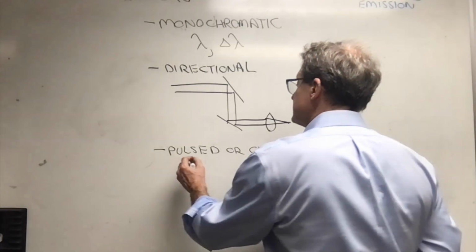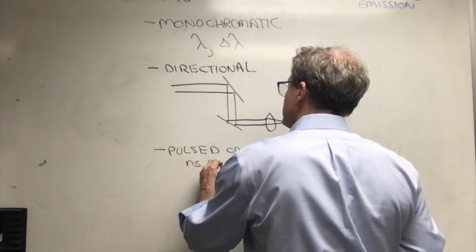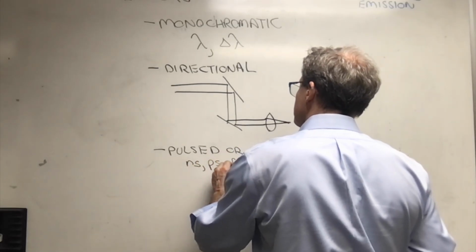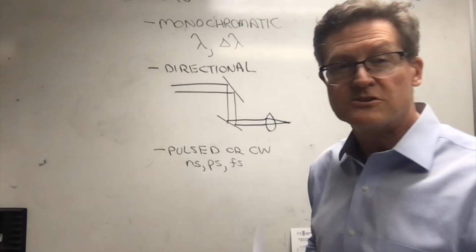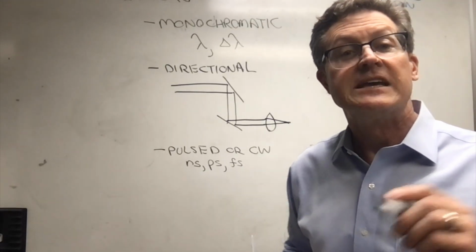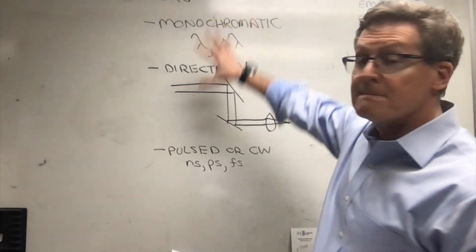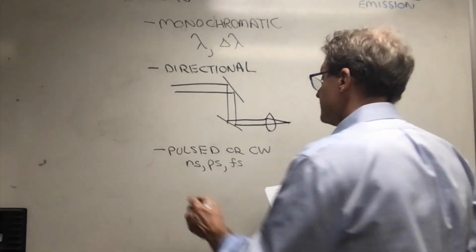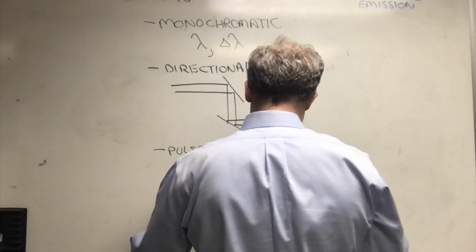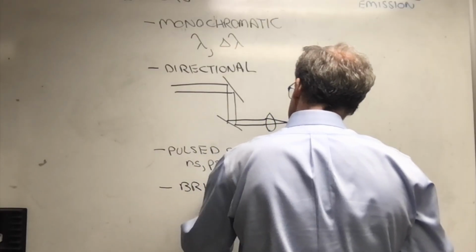We can get pulses down easily into the nanosecond regime, and then the picosecond and even the femtosecond, and with some special techniques that we'll talk about later, high harmonic generation for instance, we can get to the attosecond regime as well.